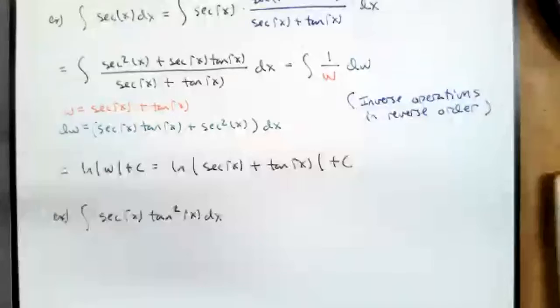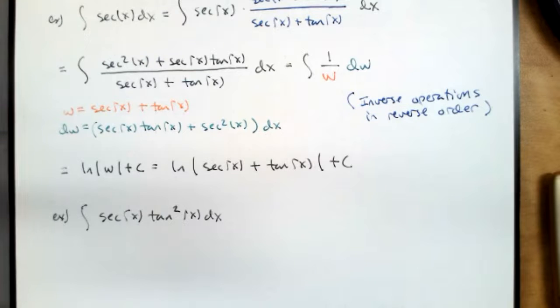The main reason I want to consider this as odd powers of secant is that first of all, I can convert my tangents into secants when they show up in pairs. The reason I would want to do that is to build an iterative process. Because I'm worried about secant to the first, secant to the third, secant to the fifth.